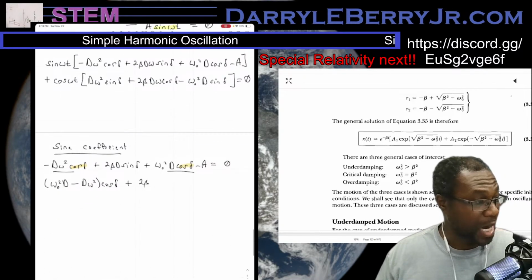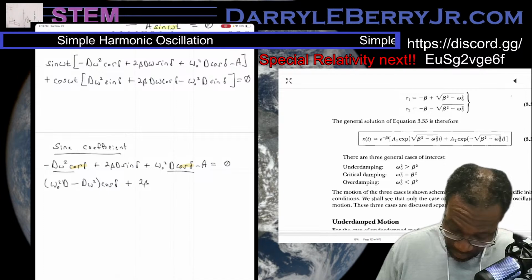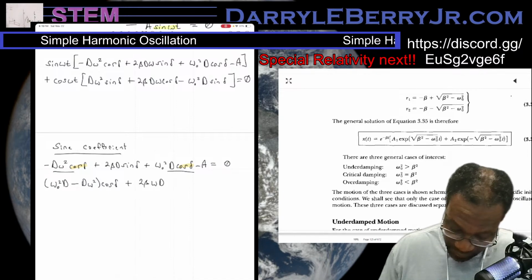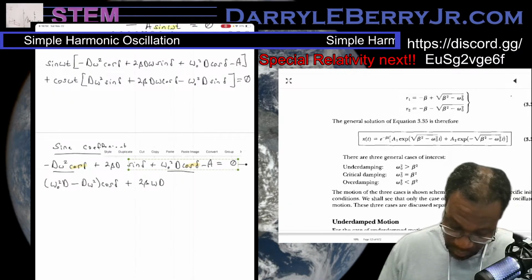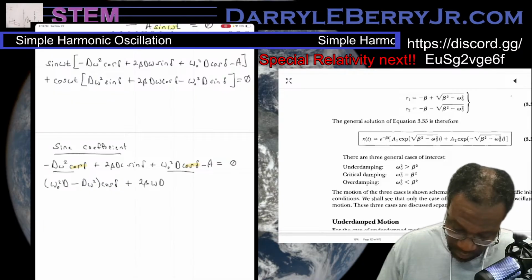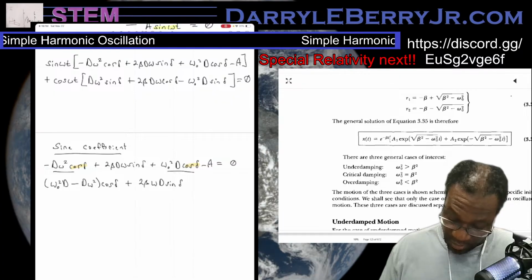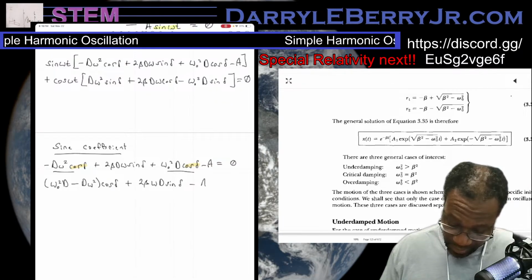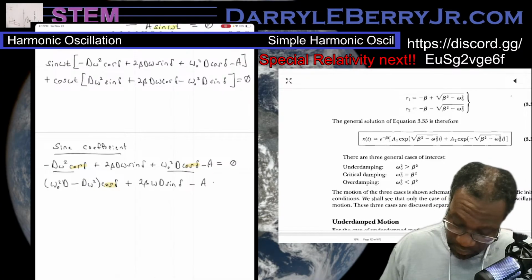So going back to our sine coefficients where we're extracting everything out, we have actually 2b omega b. Oh, I forgot one more place to write it. To be omega d sine that. And then we have minus a because the cosines have been consolidated equals 0.